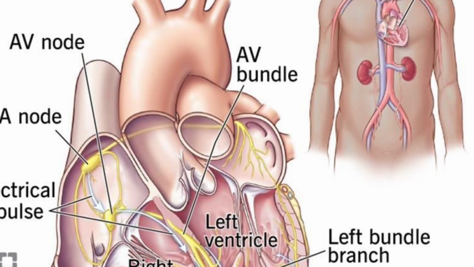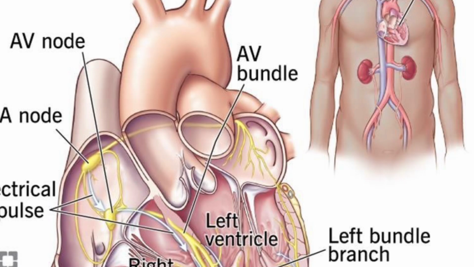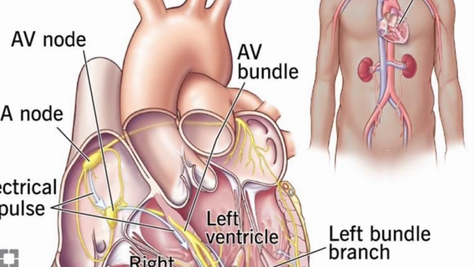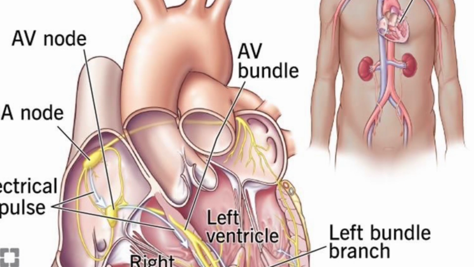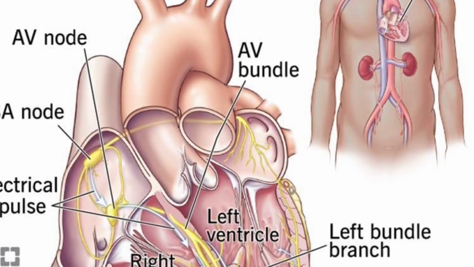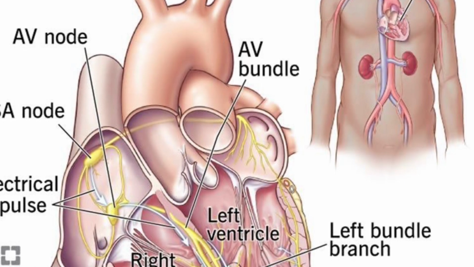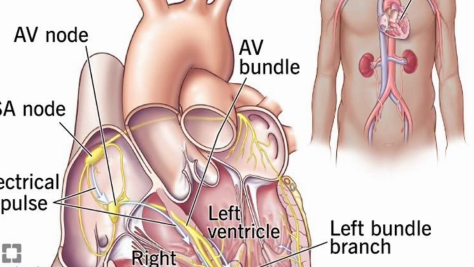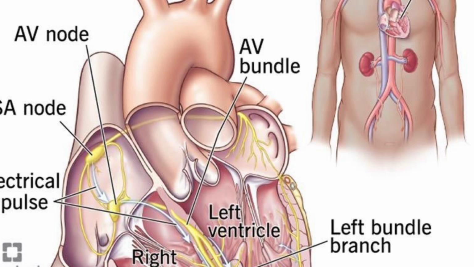A big thing with this particular perfusion module is that it is very wide and varied. There are a lot of concepts in here. We are going to be talking about the electrical system of the heart, the perfusion of the heart muscle itself, and the contractility and the actual flow through the body.